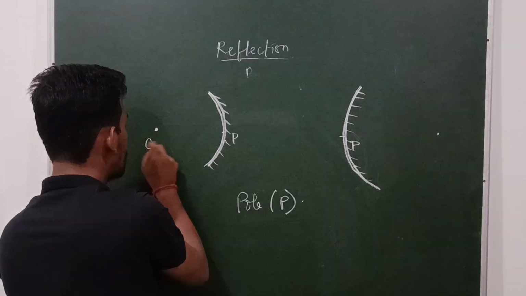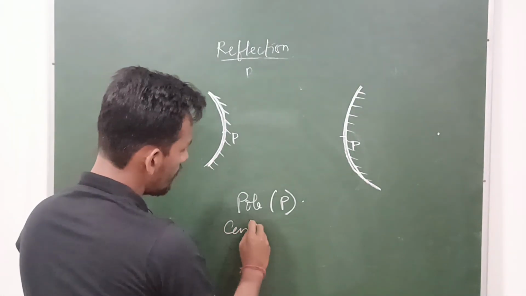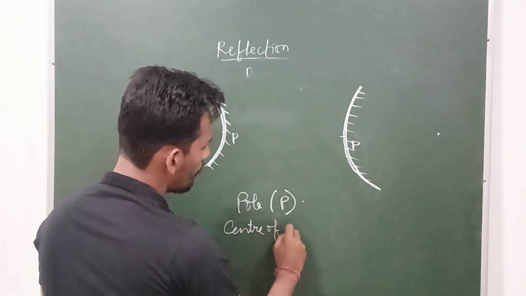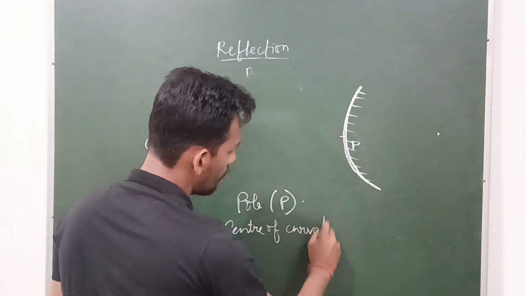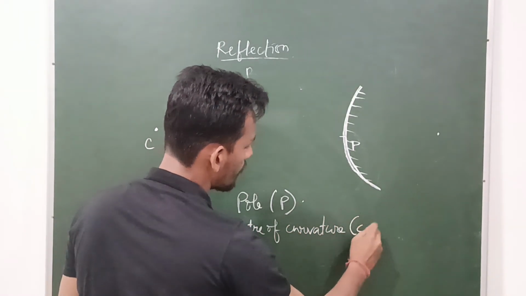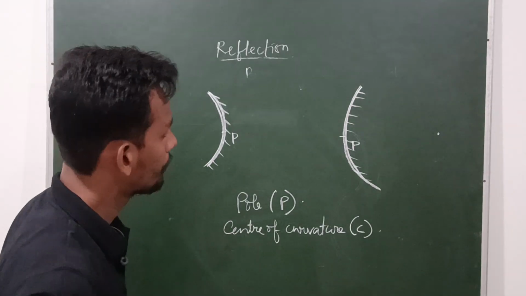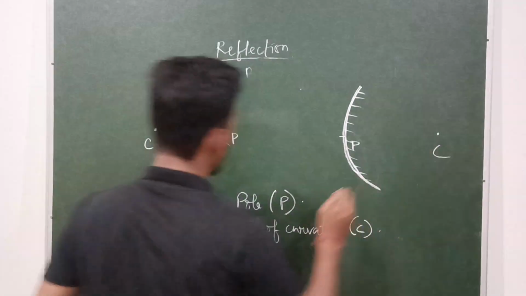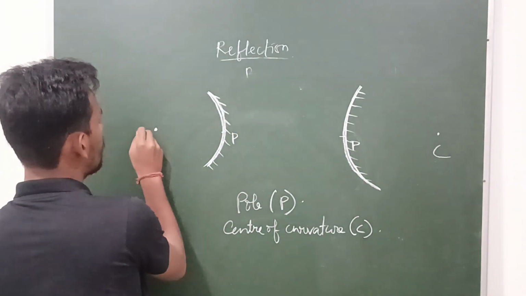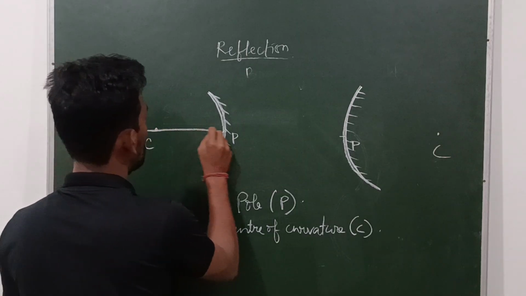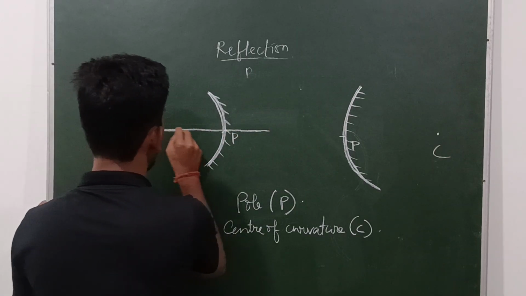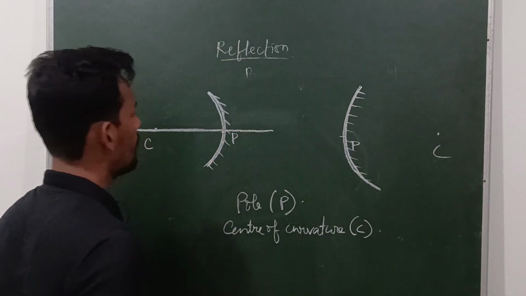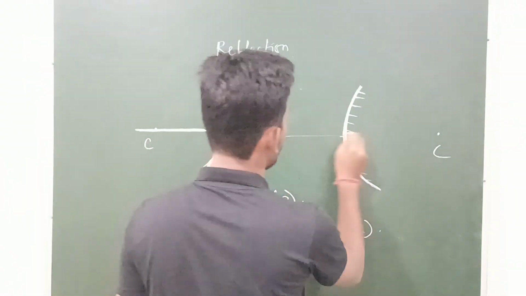Now, this center is called center of curvature, C. You have to imagine a line through C and P, here also.